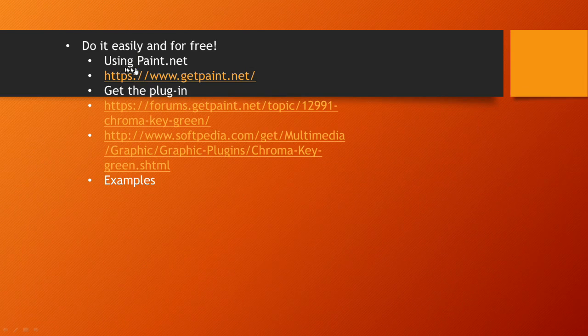We can use an application called Paint.net. Paint.net is a free application. As we said, you have to pay for Photoshop, but you don't have to pay for Paint.net. I think Paint.net is only a PC application. You can go to the website to download it.